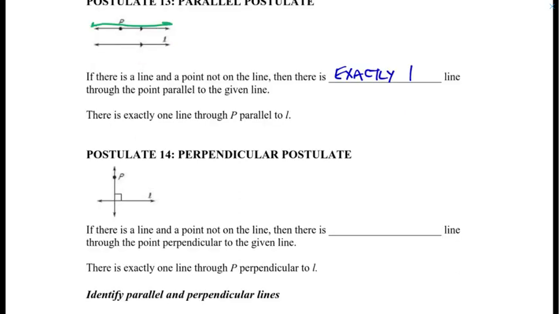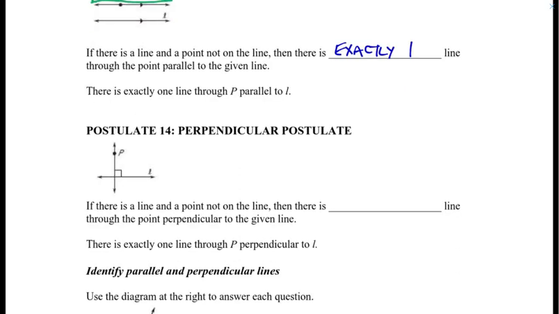Postulate 14, which is the perpendicular postulate, is saying something very similar, but in this case, we're talking perpendicular. So if there's a line and a point not on the line, then there is exactly one line through the point perpendicular to the given line. So again, we have our original line L right here.